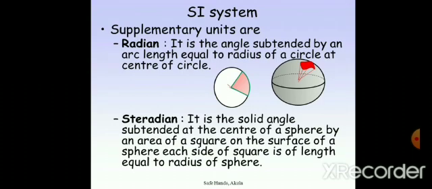For example, suppose in a circle we are marking the 2 radii which are given by the 2 green lines, we can see an arc along the circumference of the circle is cut by these 2 radii. So that angle made by this arc is known as plane angle and the unit of plane angle is radian.